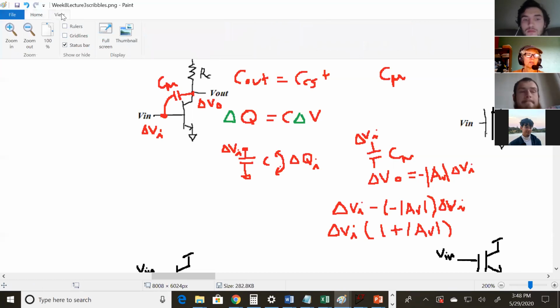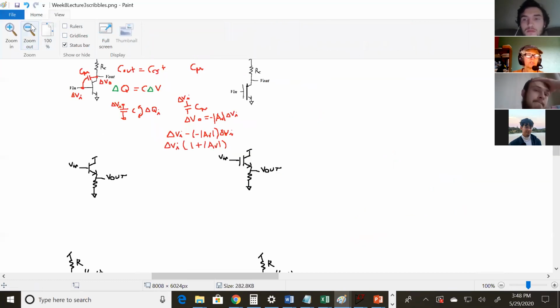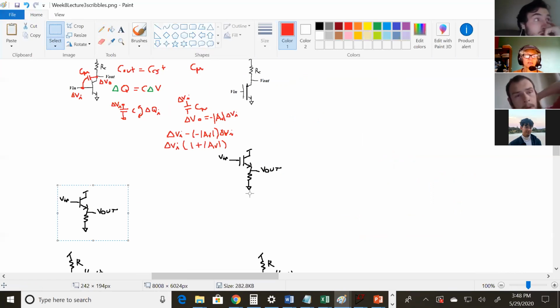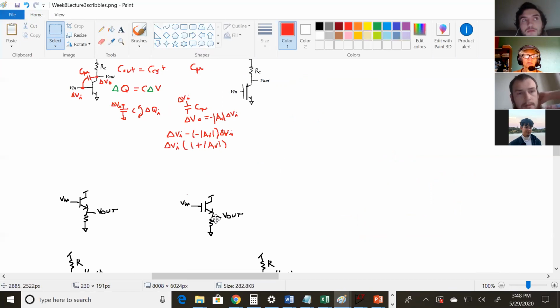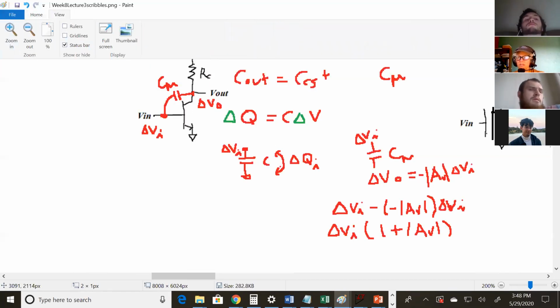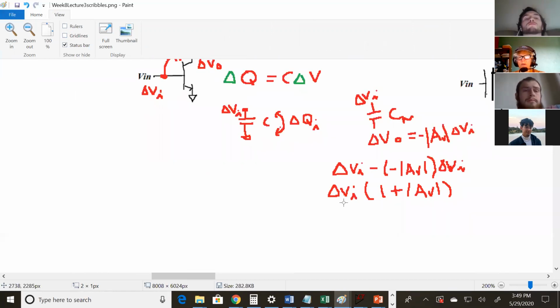Let me do something here. Let's move these out of the way. Okay, so the actual change in voltage across the capacitor was 1 plus AV times delta VI. Okay.